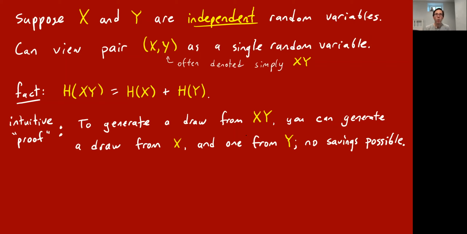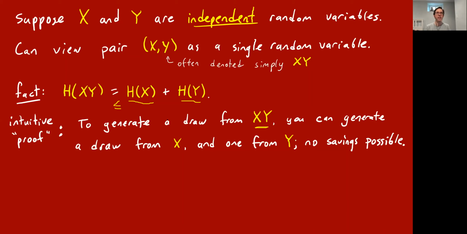Well, on one hand, if you want to generate a draw from x together with y, one thing you could do is take the most efficient program for generating a draw from x and the most efficient program for generating a draw from y, and just run both of them. Now you've got a draw from x and y independently, and the total number of bits you used on average was the sum of the number you needed for x and the number you needed for y. So in some sense, that's an upper bound, or that would give a sketch of why we have the upper bound here.